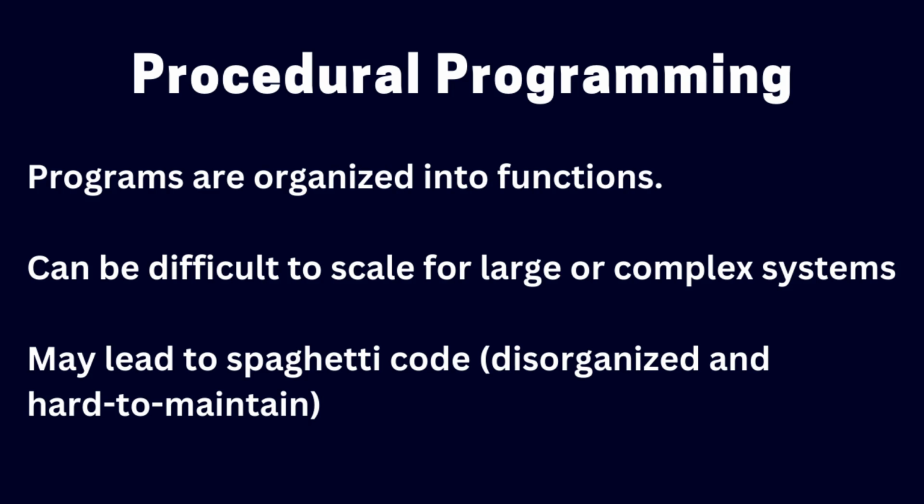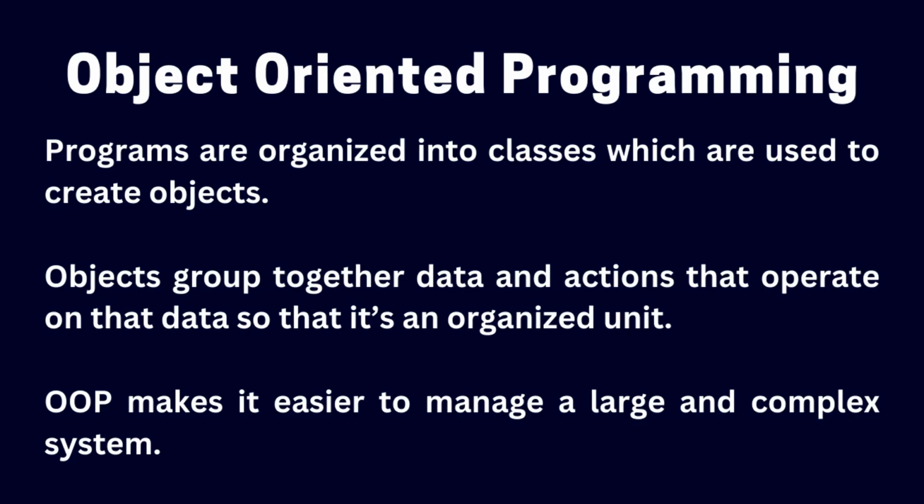Interdependencies refers to changes in one function that can inadvertently break others, creating a web of interconnected issues, often referred to as spaghetti code. Object-oriented programming addresses these issues by bundling related data and behavior into objects. Within an object, variables are known as properties, and functions are called methods.